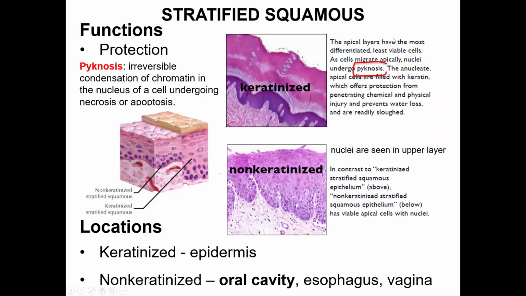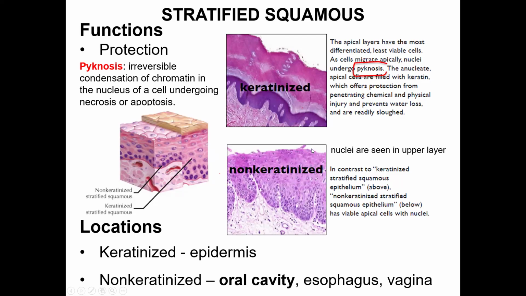The stratified squamous epithelium, I mentioned already, contains several layers of epithelial cells, and all cells in the upper layers are generated through division of the cells in the basal layer. As they are generated, they move into the upper layers, and at some point they reach the surface.